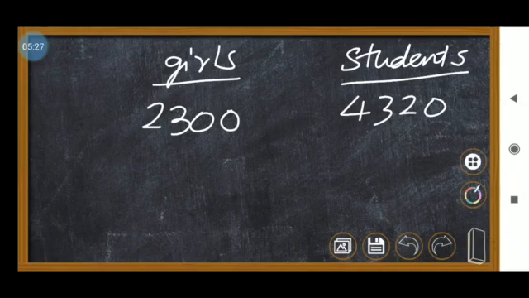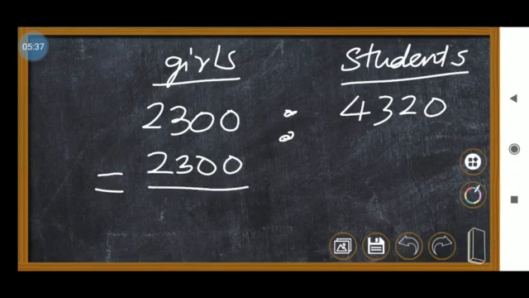Am I right? So we have to find the ratio between these two, 2300 to 4320. So 2300 divided by 4320. The 0s cancel. Any other table, starting from the 2 table we can divide.